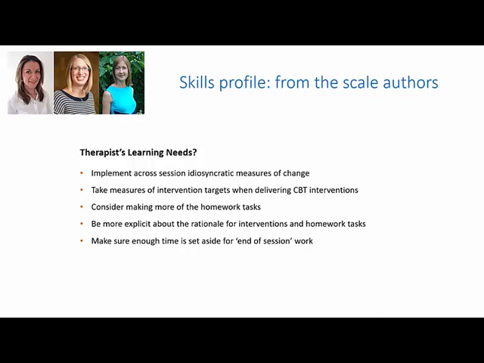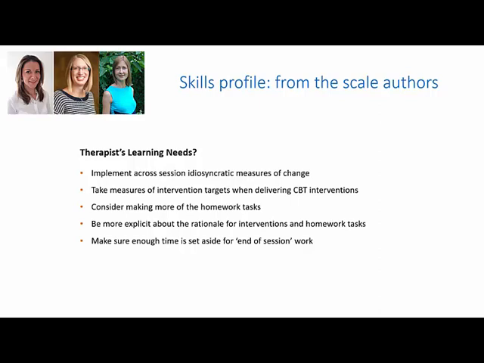We would also highlight the need to make sure that enough is being made of homework tasks. So in this session it seems like perhaps they could have added maintenance cycles or thought about different eating patterns to just really fully make the most of that homework task.